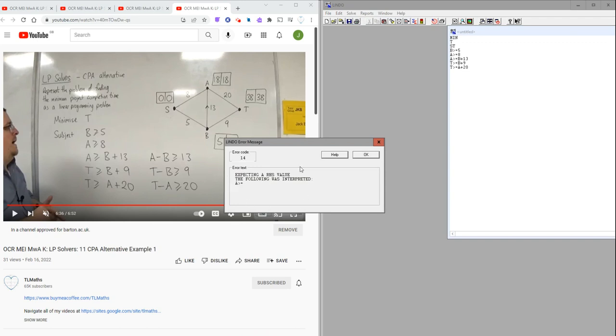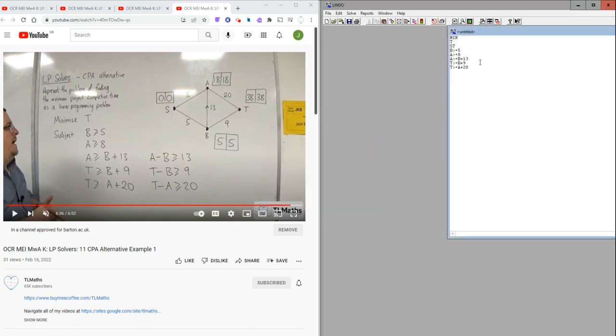And this is an error code that I'm getting from Lindo. It's saying expecting a right-hand side value, the following was interpreted: A is greater than or equal to. So essentially, it had a problem when it got to A is greater than or equal to B plus 13 because it wasn't expecting any variables to be on the right-hand side.